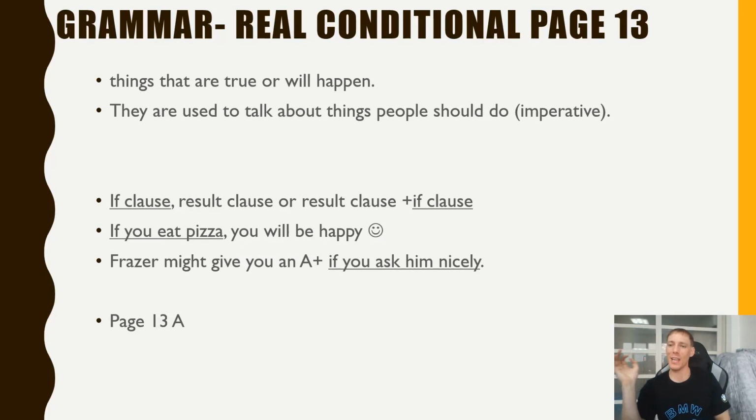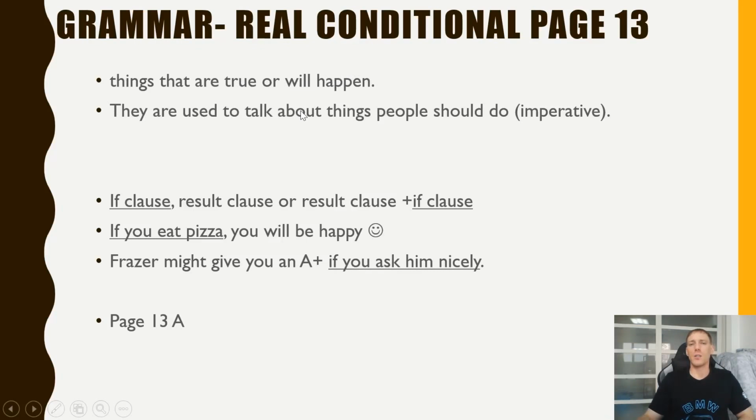Now we can have a few kinds of conditional. We can have ones that are talking about things that happen now, in the present. We can talk about things that are in the future. So they will happen. So here, you can see true or will happen. So we know some are in the present tense that are generally true, some that will happen. So we have will.